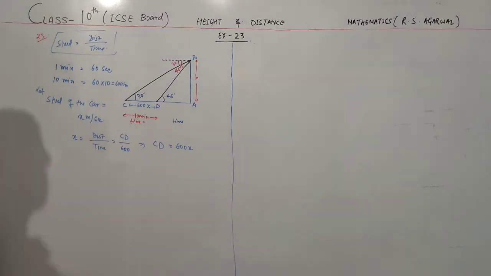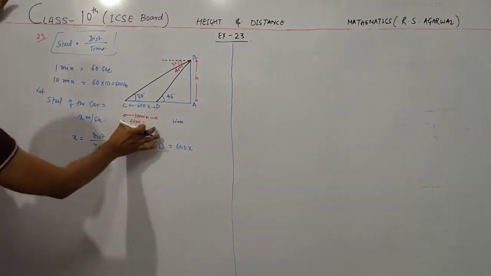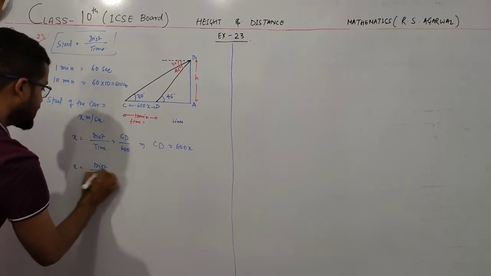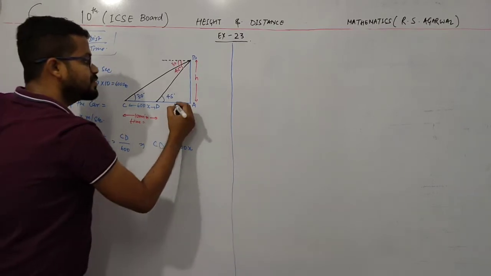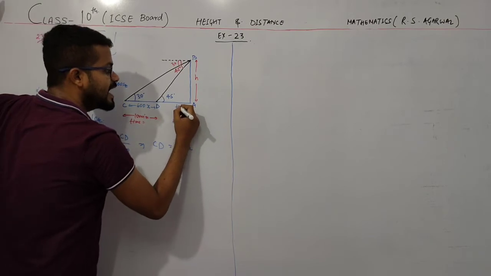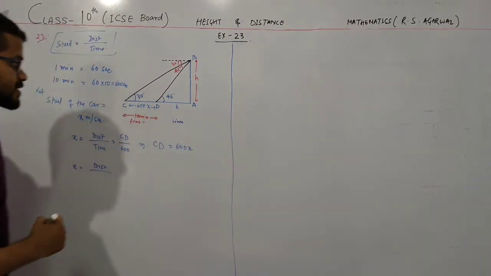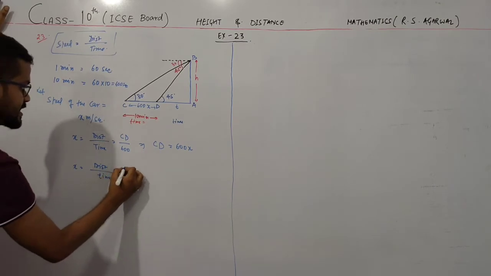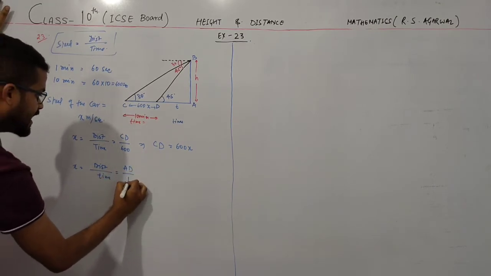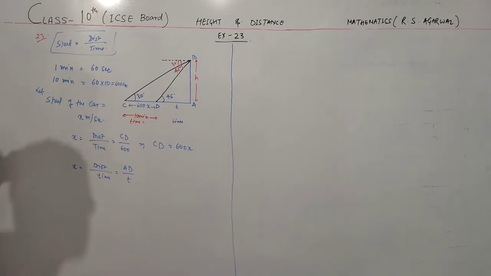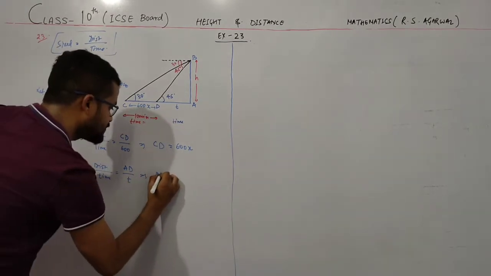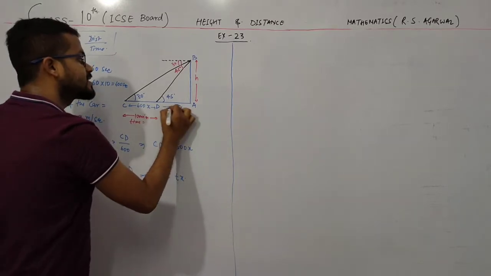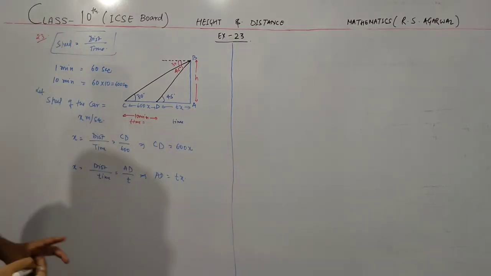Now again, the speed of the car is x, the distance, and the time which we have to calculate, I take it as t. So distance upon time, here distance is AD and time is t. So AD is equals to t into x. The distance of AD is equals to tx.